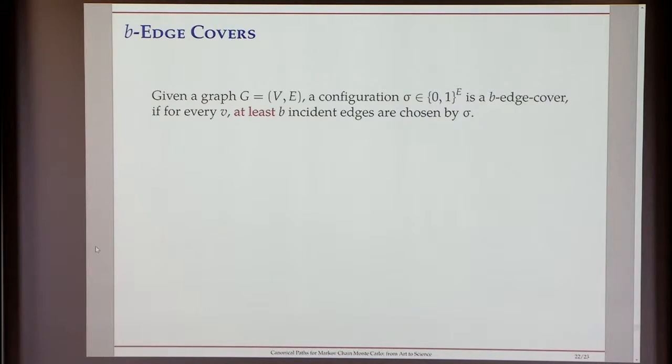And the second example is the so-called B edge covers. For every vertex V, we need at least B of its incident edges chosen by sigma.